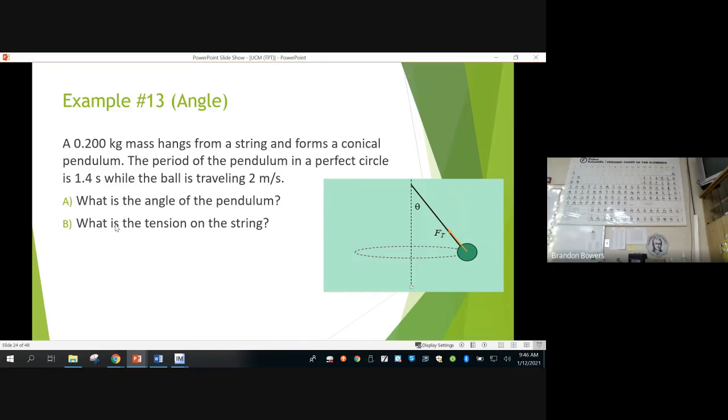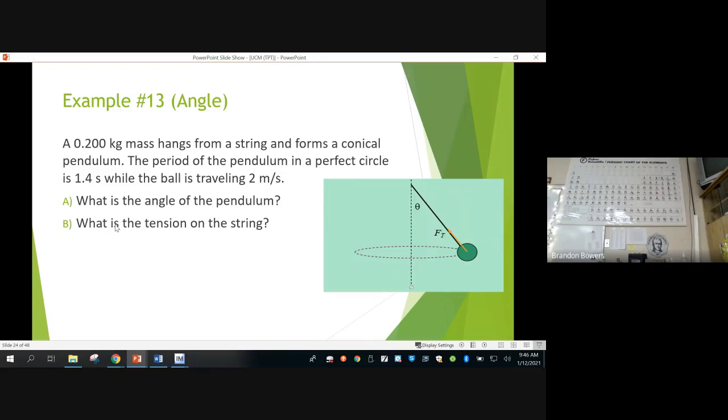Okay, I can go over this real quick. Since we're trying to find the force of tension in the x, well, we know force of tension in the x is equal to my centripetal force, right? My centripetal force is mass times velocity squared over r. I'm given my mass, which is 0.2.